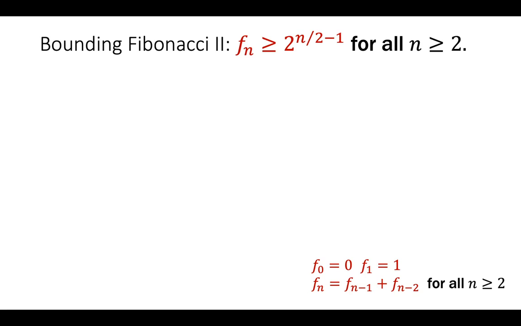Okay, let's look at the lower bound. So maybe F(n) is greater than or equal to 2 to the n divided by 2 minus 1, when n is greater than or equal to 2.